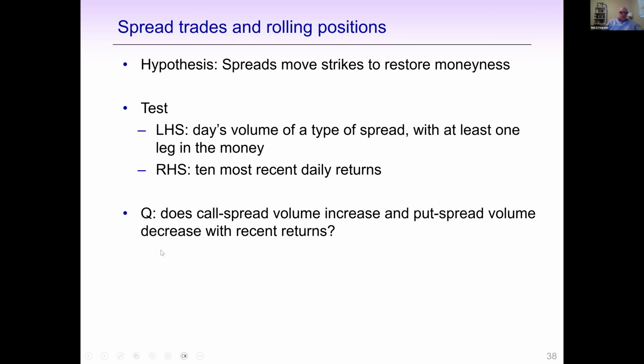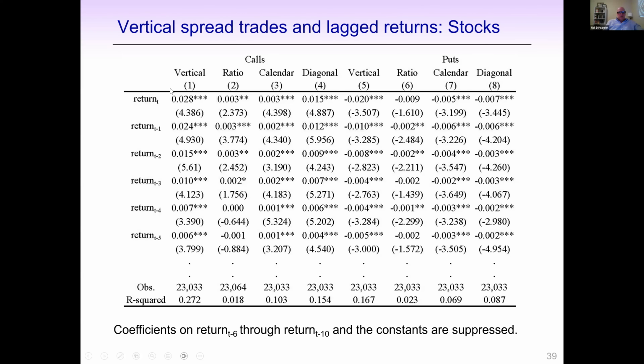What we're going to find is that for the different kinds of spreads, volumes are related to recent returns. Call volumes are positively related to recent returns, consistent with people using complex trades to adjust positions once calls become in the money.